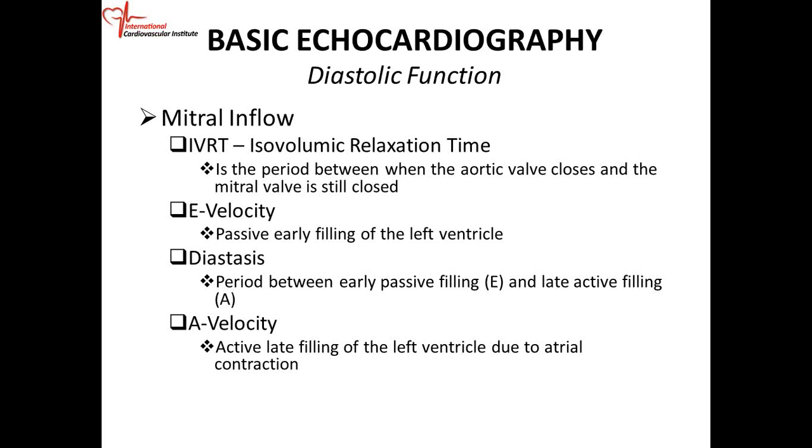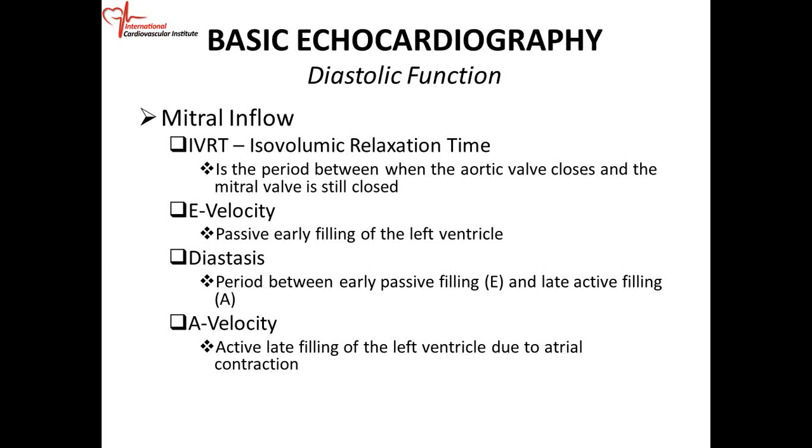So when we break down diastole, diastole starts when the aortic valve closes, just before the mitral valve opens, we have the IVRT. Then when the mitral valve opens, there's a suction of blood from the left atrium into the left ventricle. We call that the E velocity.